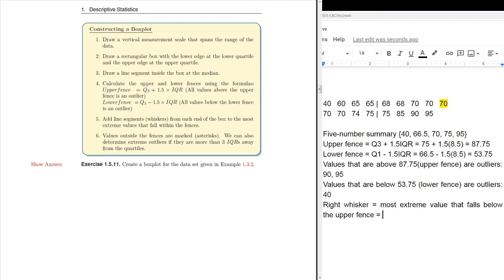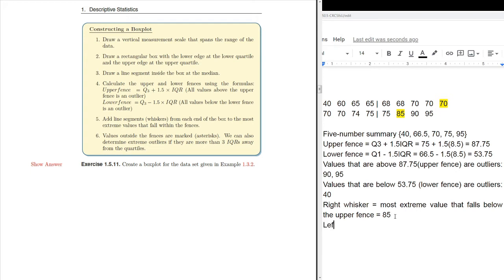Our upper fence was 87.75, and that sits in between 85 and 90. The most extreme value that falls below the upper fence is 85. And so 85 is our right whisker.